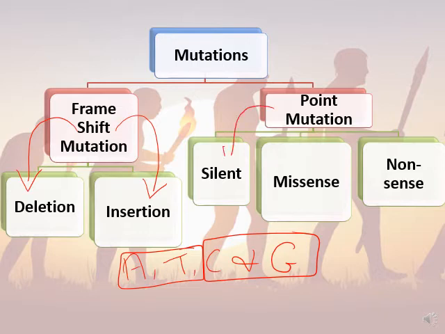Whereas point mutation can be silent. The meaning of silent is that it doesn't cause any difference in the amino acid sequence. Why? We will determine this in the coming slides. Also, the point mutation can be a missense mutation, which changes the nucleotide sequence and the amino acid sequence, giving a different amino acid, or a nonsense mutation, or the stop, where they code for the stop codon.